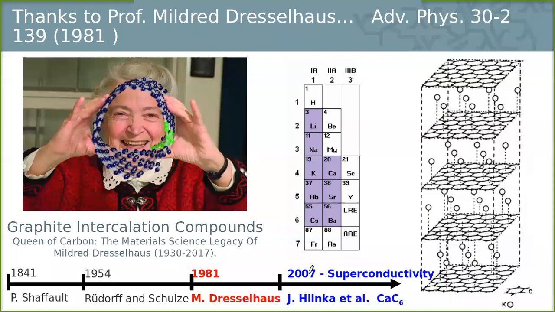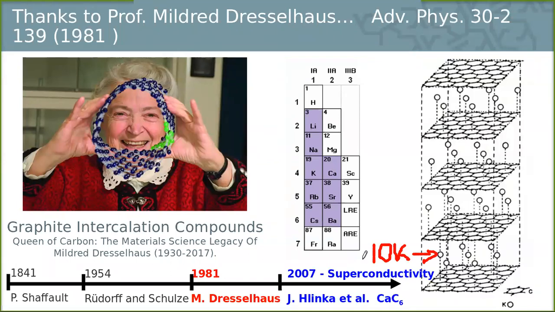And in 2007, it was discovered that when we put calcium in between these layers, we create a compound like calcium C6, six atoms of carbon per calcium atom. When we create that system, we have a superconducting system with a superconducting transition temperature of 10 Kelvin.